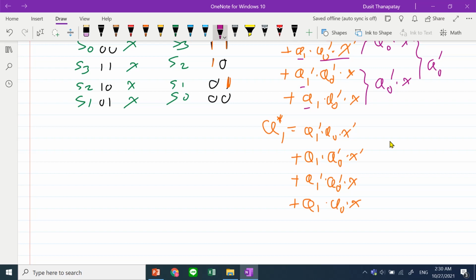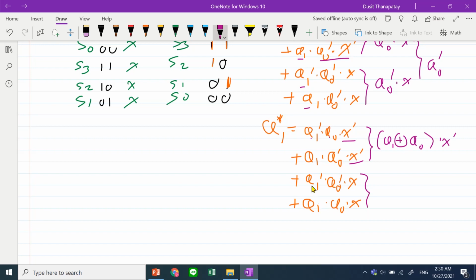For example, this one is the same and this is different, so it's XOR: Q1 XOR Q0 and X prime.